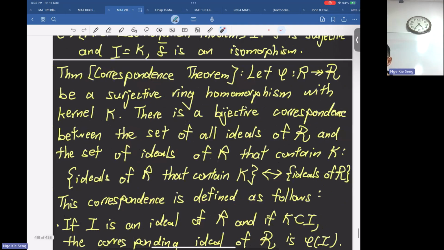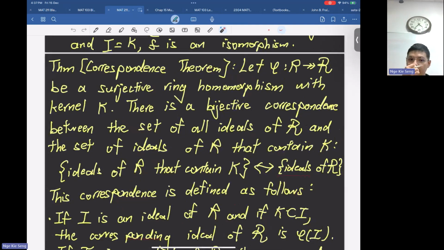Similarly, we also have the correspondence theorem. There's a bijective correspondence between the ideals in the domain and the ideals in the codomain. The ideal in the domain must contain the kernel of the morphism, like last time.